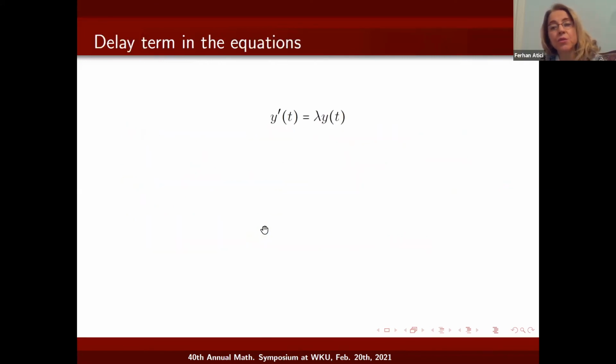Now, I would like to continue with introducing the linear fractional order h-discrete equation. In order to do this, let me tell you where the delay term is coming from. You start with this very simple eigenvalue problem, y prime of t equals lambda y of t.